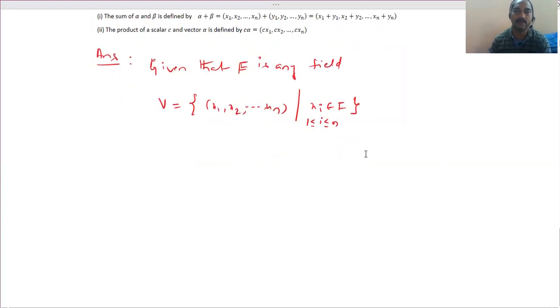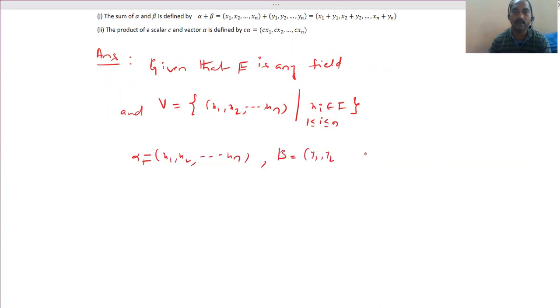This is V. Let alpha equal (x1, x2, and so on up to xn), beta equal (y1, y2, and so on up to yn), where these two belong to the set V, and C is an arbitrary constant which belongs to F.